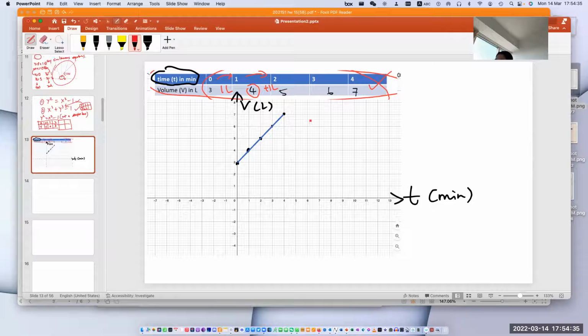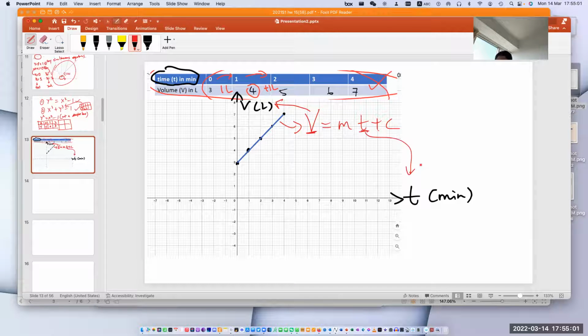So once you label it, did they give you the equation? If they don't, you just write y equals to mx plus c. Okay, by the way, in this case, it's not y, not x. Because in this case, it is v and t. The v is your vertical axis. The t is your horizontal axis.